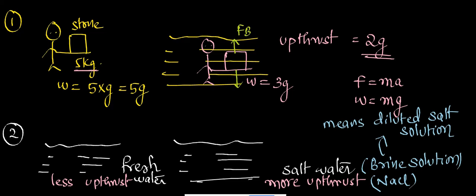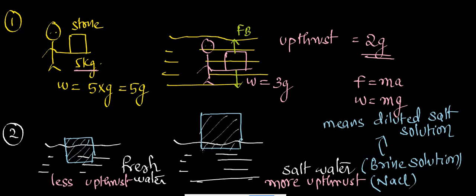Let me take an ice cube in both cases. In the first case, with less buoyant force, the ice cube will be more immersed in the liquid and less outside. But in salt water, where there is more upthrust, the majority of the ice will be outside and only a very small portion inside.